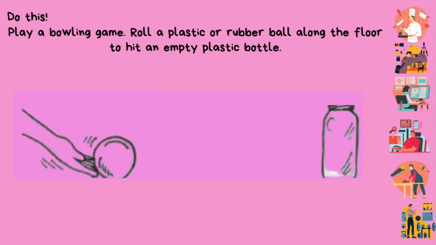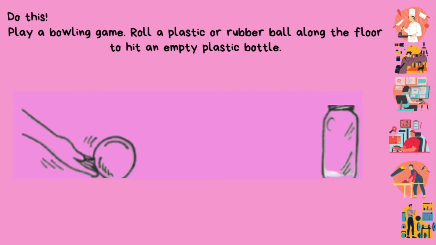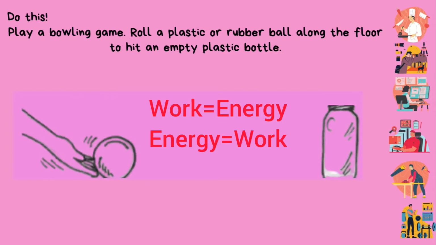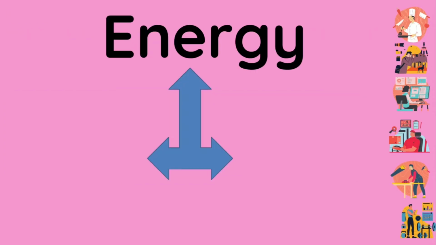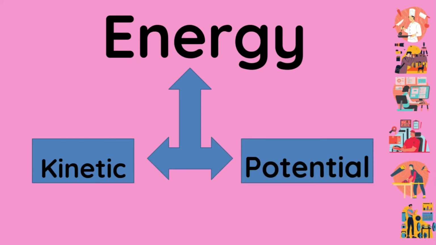So, just like in our definition, energy is the ability or the capacity to do work. You can do work if you have energy. Energy in mechanics has two types: kinetic energy and potential energy.